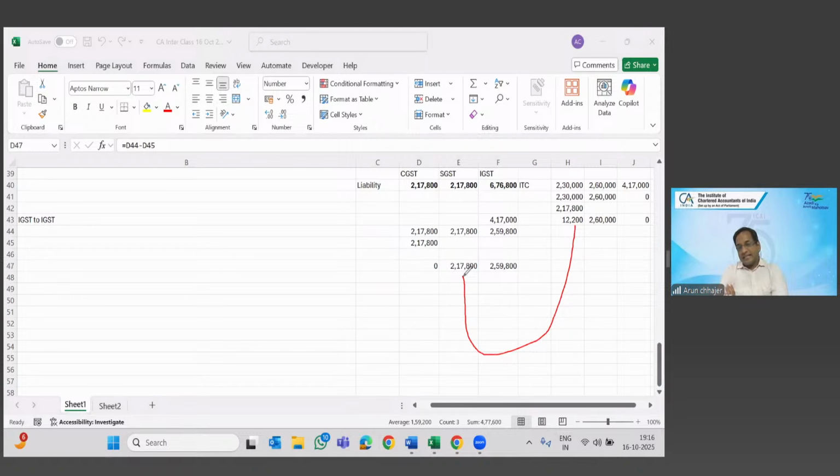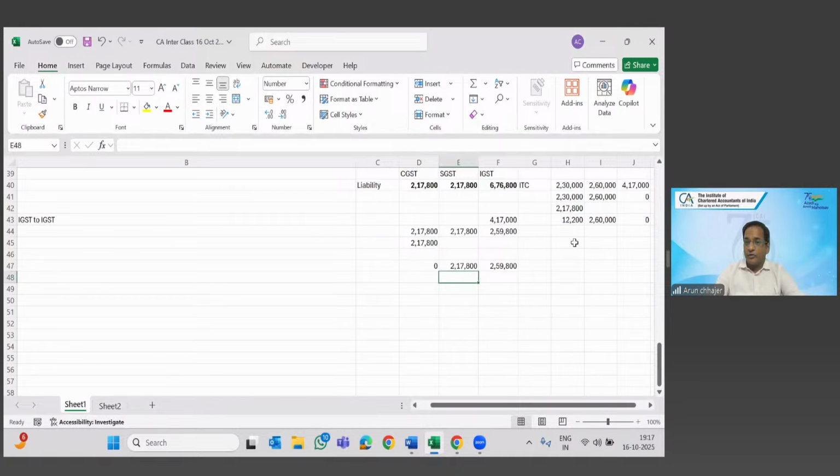Can CGST का ITC be used toward the SGST का liability? क्या मैं CGST की ITC को SGST की liability के लिए यूज कर सकता हूं? Not permissible. This cross utilization is not permissible and therefore I can say it cannot be utilized.